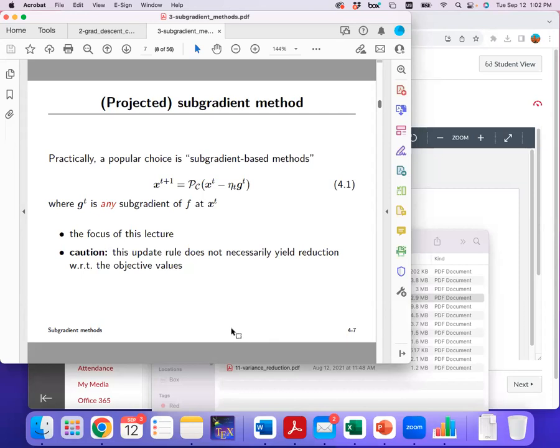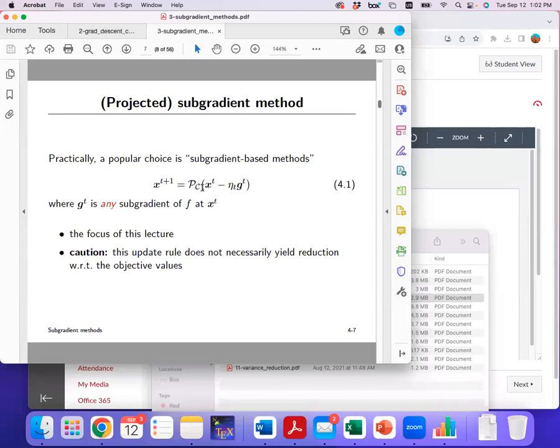And the projective gradient descent is a popular algorithm for solving a class of non-differentiable problems, and it is based on the concept of subgradient, I mean subgradient descent. It's a subgradient-based method.